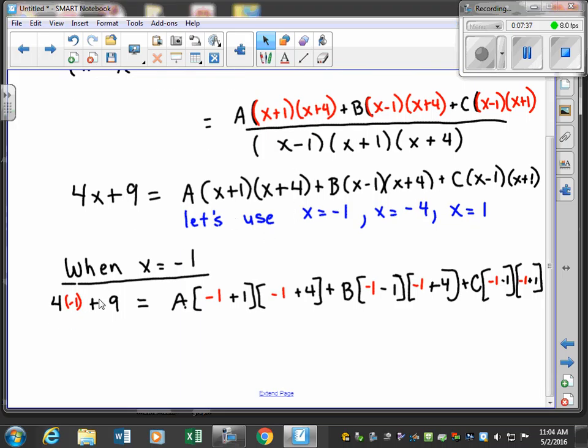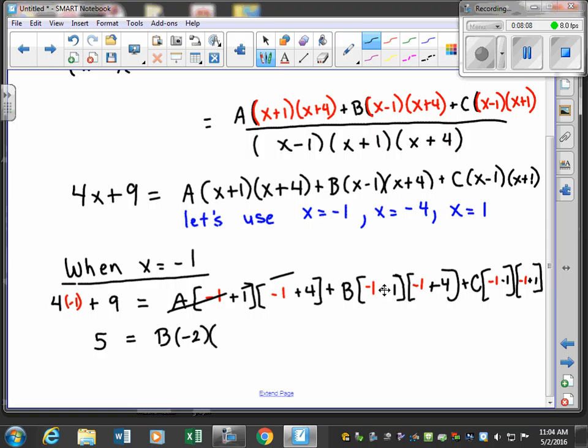Okay. So plugging in a -1 into that entire equation, we can see some things are going to cancel. First of all, we'll get -4 plus 9 will just simplify to a 5 over here. What about a? When you get 0 right here, this whole term's going to cancel. So we can draw through that. All right, our b term will remain. So we'll have b, what's -1, -1? -2, good.